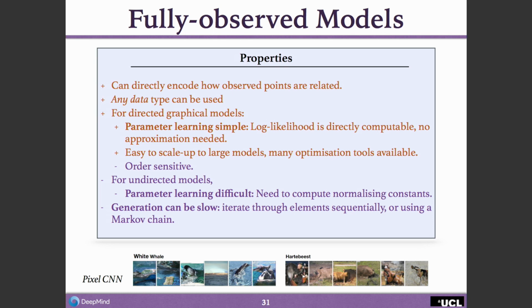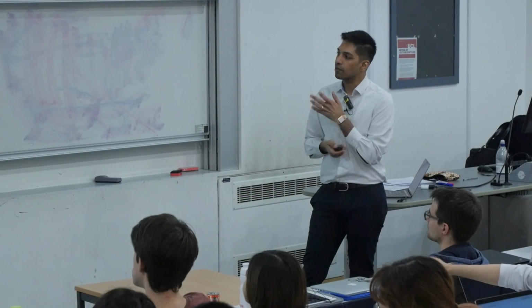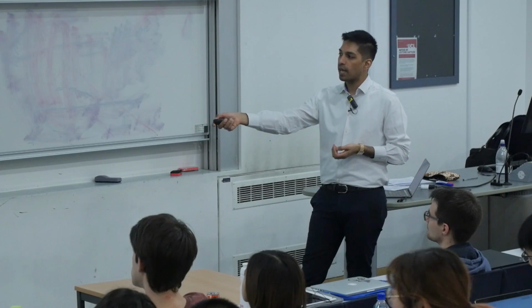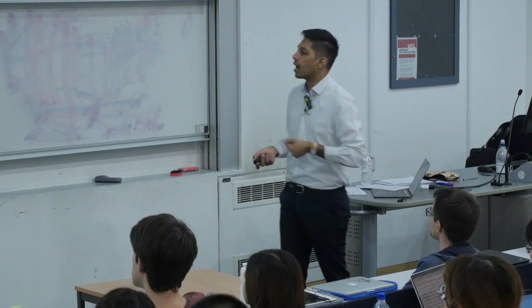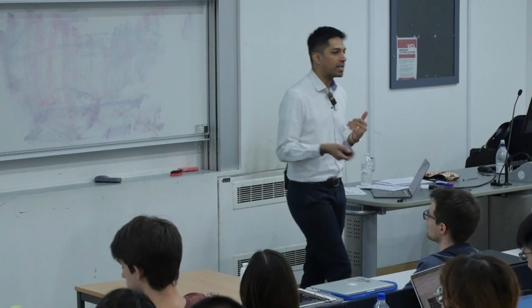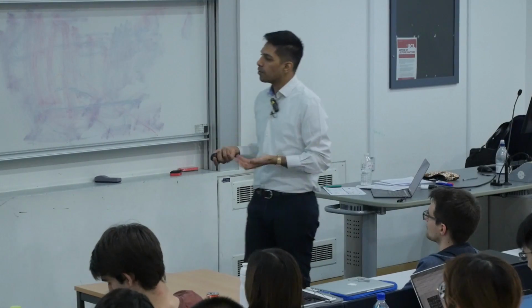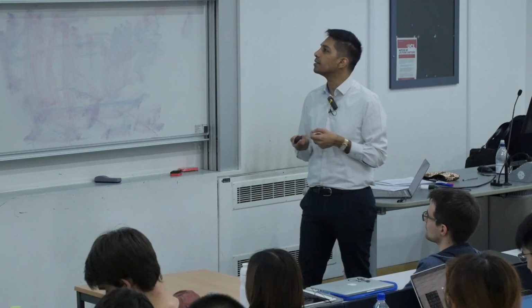And generation can be very slow in either of these models because we need to go through this sequential process of simulating from the Markov chain. But when you do that, for example, one model called PixelCNN, and it has now various kinds of instantiations thus far, can give you really amazing unconditional samples or conditional samples in this case that really show it has learned the data and really can do amazing things.